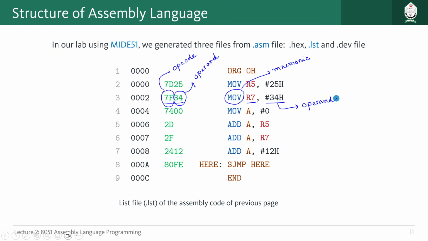So there is some difference in definition when we talk about operand for machine language and assembly language, right? That you have to understand.